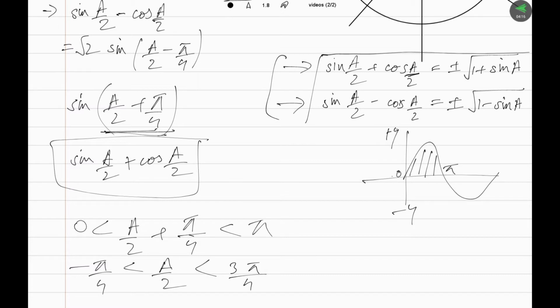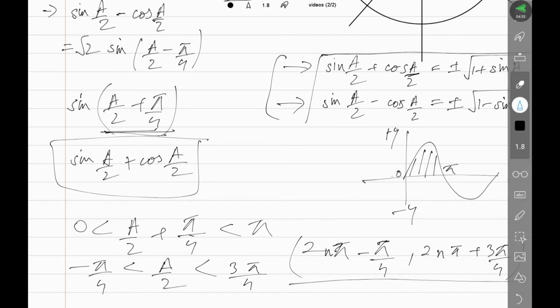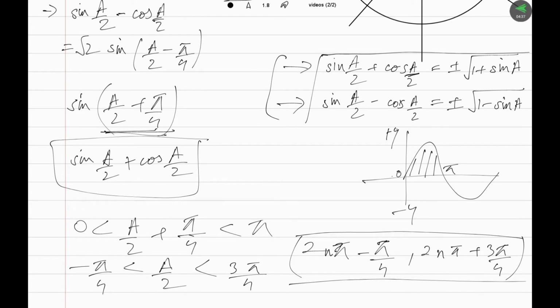We can further write it in general as 2n pi minus pi over 4 to 2n pi plus 3 pi over 4. So if theta lies in this region, then it will be positive.